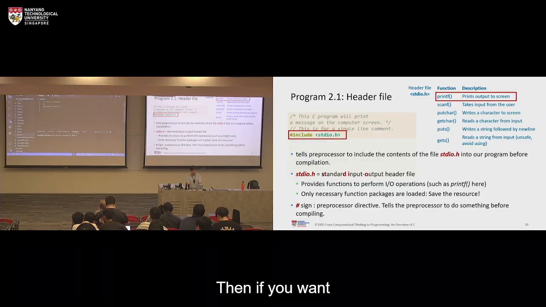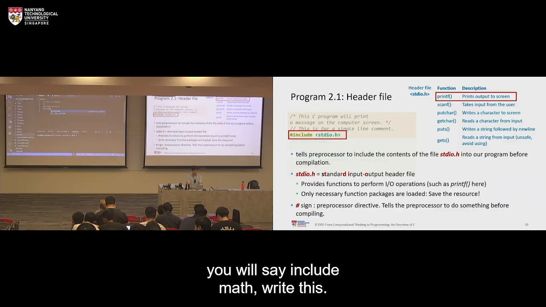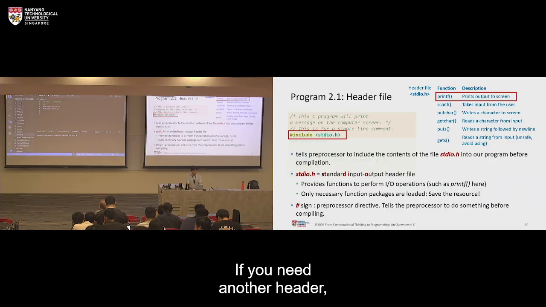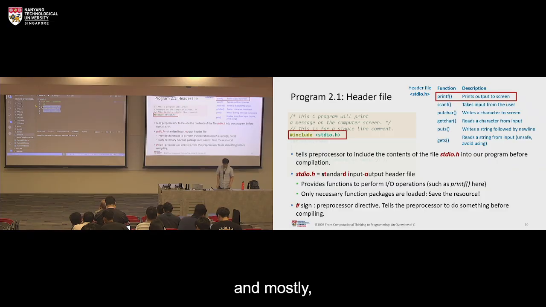And then, if you want to use the mathematical functions, you will say #include <math.h>, like this. And if you need another header, include stdlib, the standard library, then you will say it like this. So these are the preprocessor directives. And mostly you will use this part to load the proper header files.